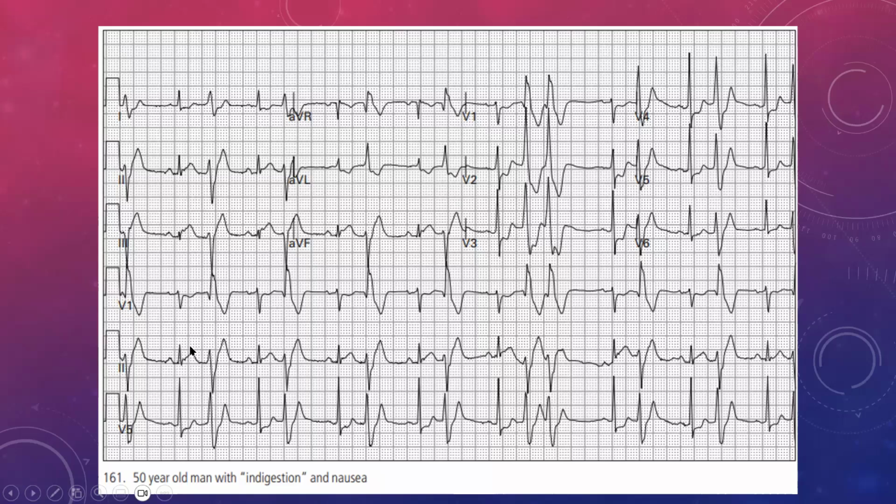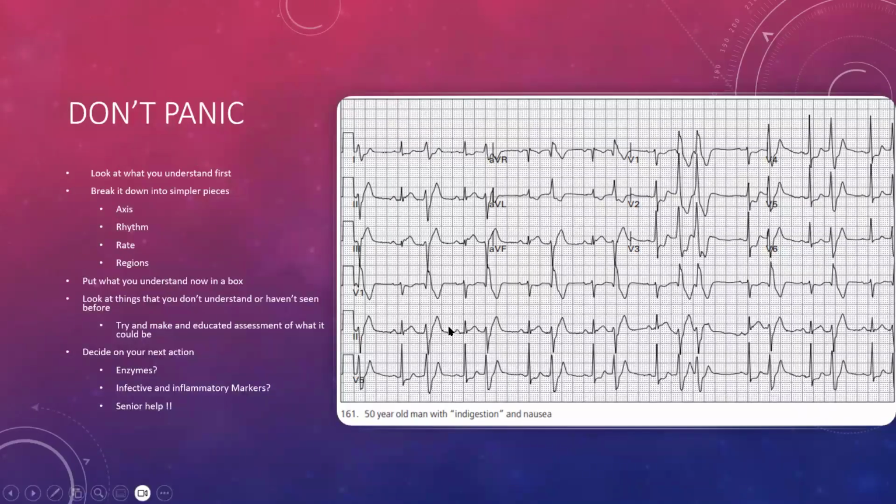Because we can't make out a pattern immediately that we understand, a lot of us tend to just shut down and say, I will never understand this ECG. So I hope you understand what I'm trying to put across, that you need to take what you understand, put it on one side, take what you don't understand, put it on another side, and then analyze.